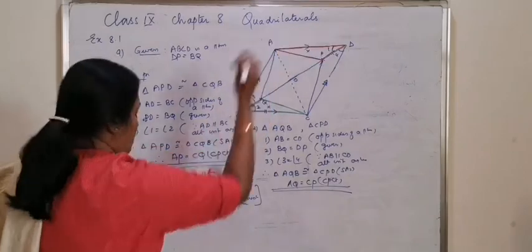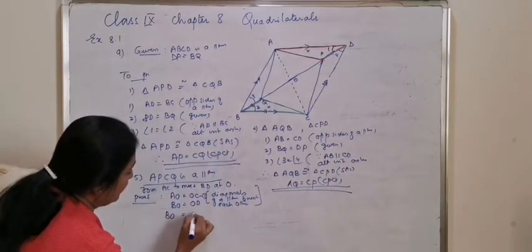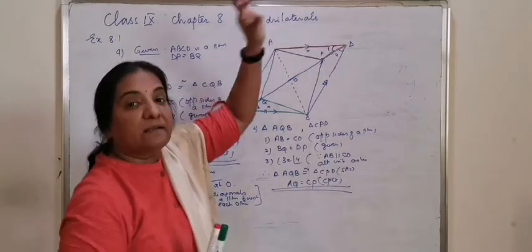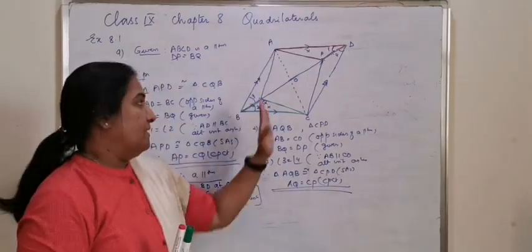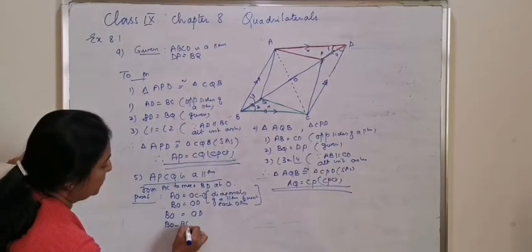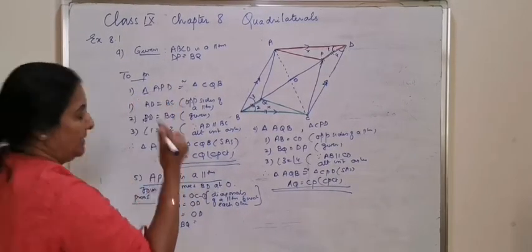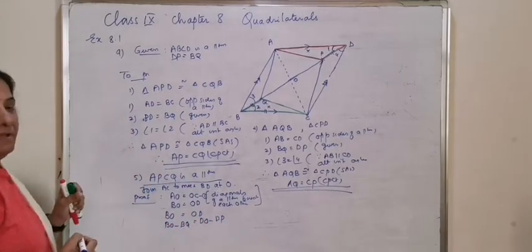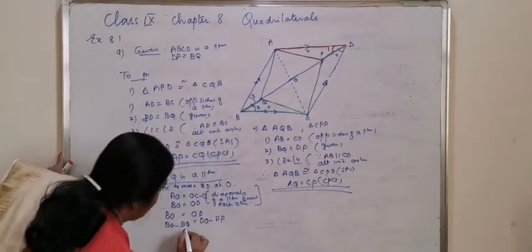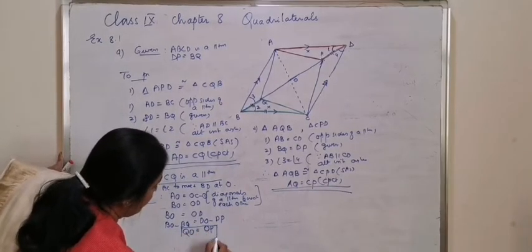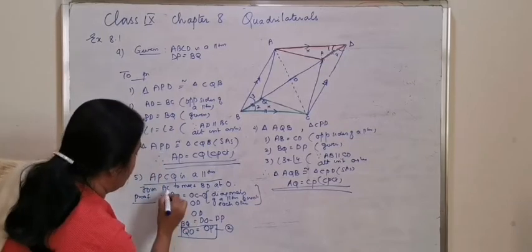BO is equal to OD. Since BQ and DP are equal quantities, from BO I am subtracting BQ, and from DO I am subtracting DP, which gives the result QO is equal to OP. Mark it as equation number 2.